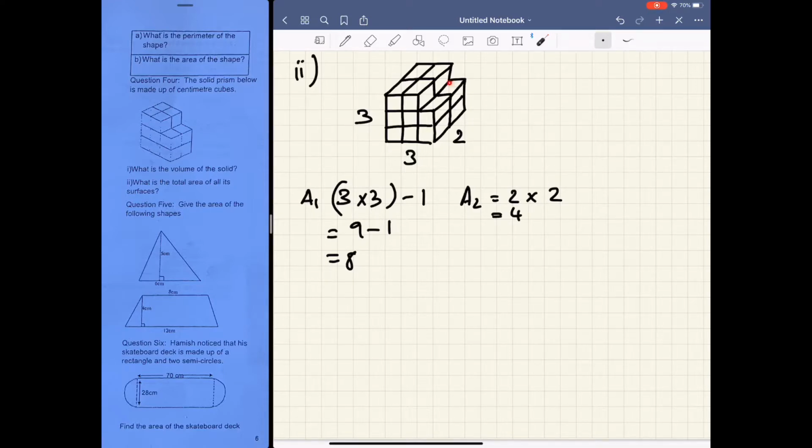Now taking this area into account, area 3 equals 1 times 2, and this area here is another 1 times 2, area 4.